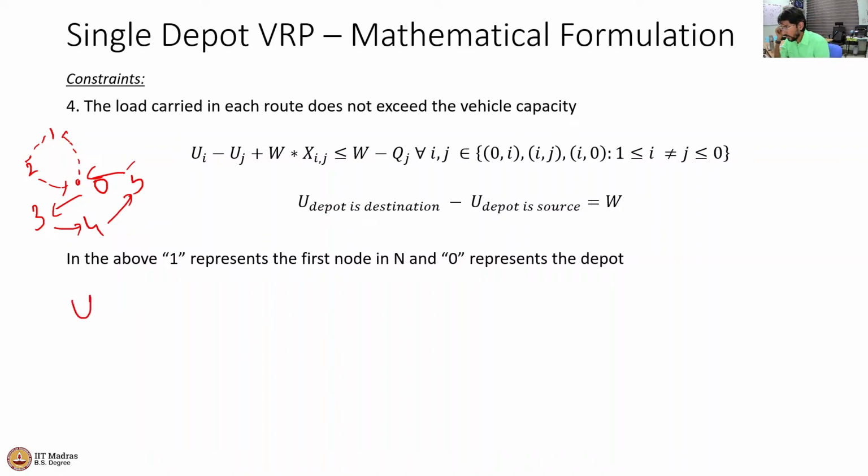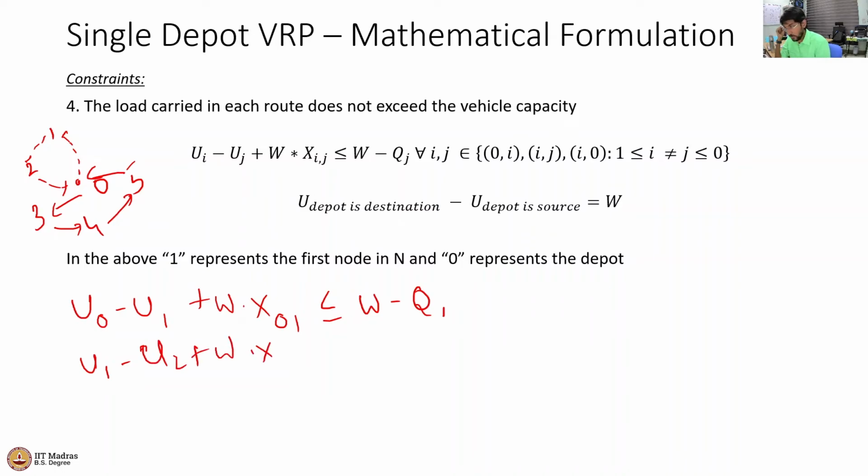So I go from 0 to 1, and that is going to be W times X_0,1 less than or equal to W minus Q1, where j is 1. Similarly, I go from 1 to 2, W times X_1,2 less than or equal to W minus Q2.